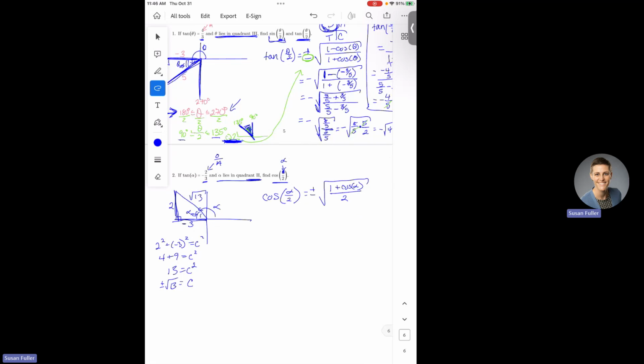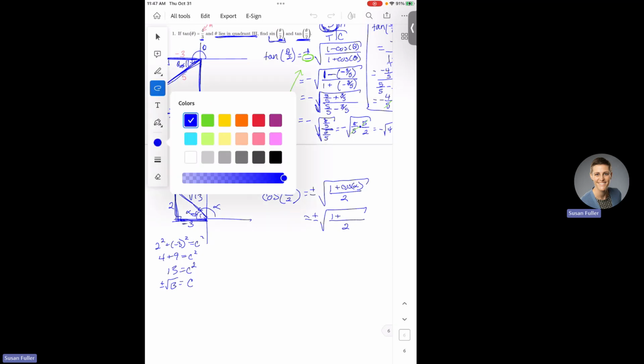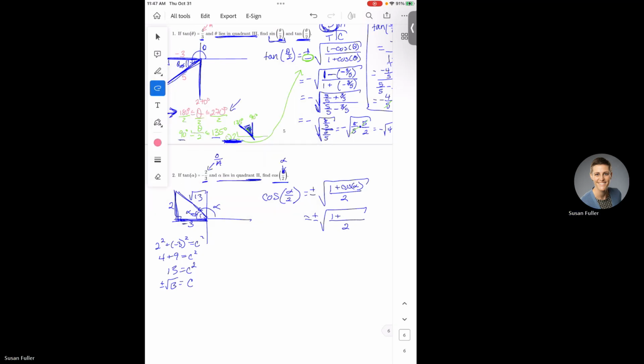I can get the cosine of alpha here from my triangle. I'm going to do adjacent over hypotenuse. And from my triangle, this is going to be negative 3 over √13. That is the cosine of alpha.